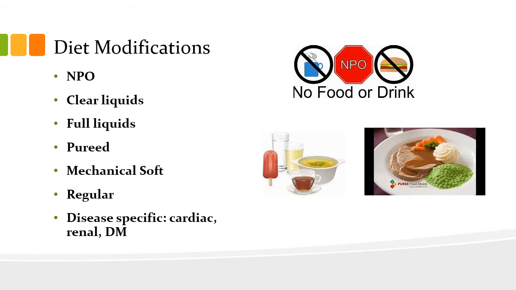Mechanical soft is a little more like regular food, just softened for someone that might have dental issues, other issues with chewing, dentures, or ability to swallow. It just makes it easier for them. Then, of course, there's your regular diet, and then a regular diet that has disease-specific modifications like cardiac, renal, or a diabetic diet.